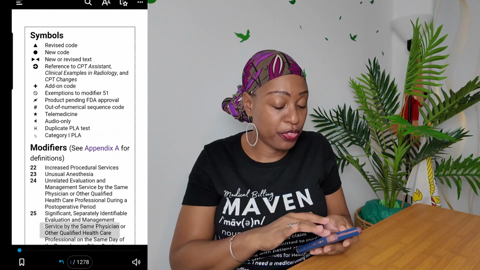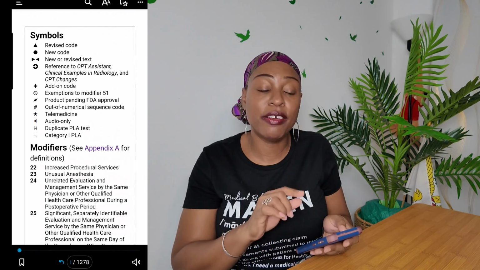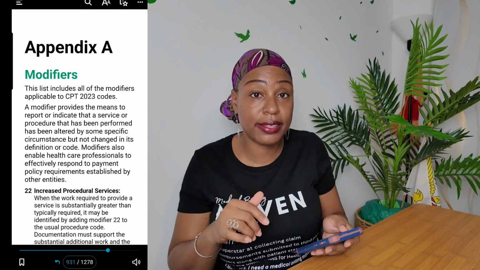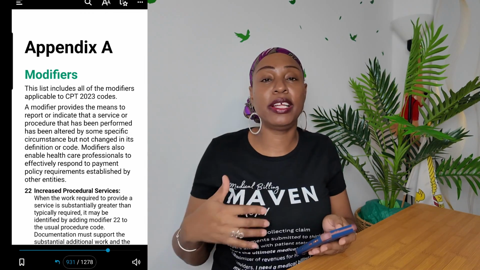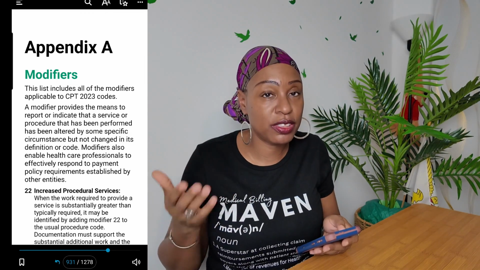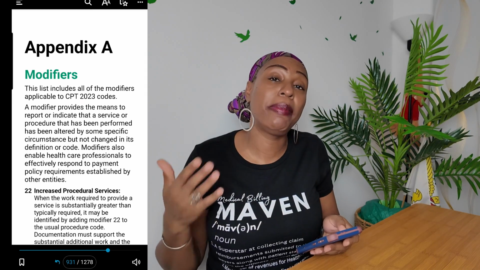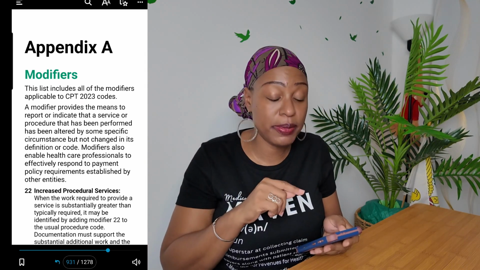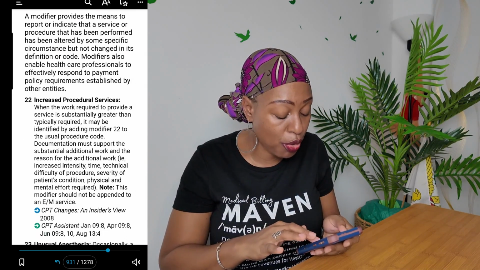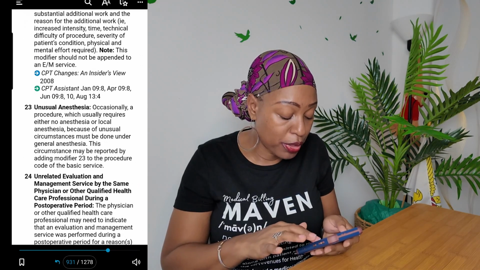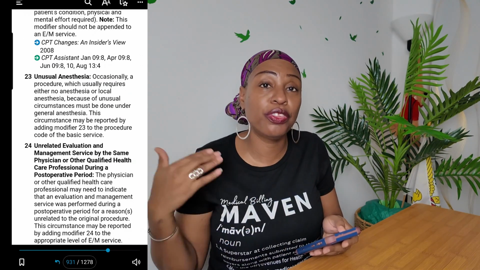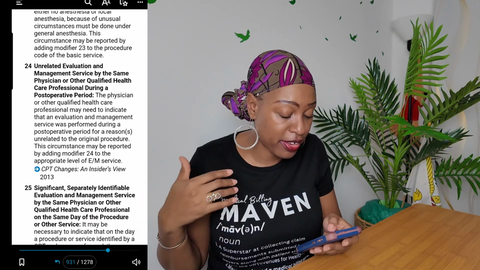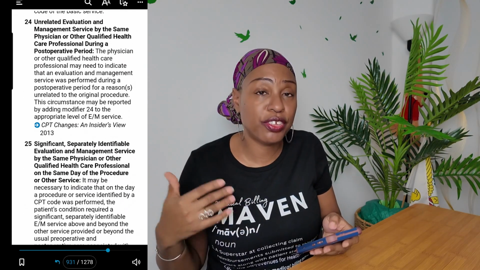Then we're going to go through the modifiers in the appendix. If you want to go deeper into understanding what the modifiers mean, then you will go to Appendix A in the CPT book. We're just going to scroll through that as well. You will notice that they actually go through what each modifier is and help you understand it better.